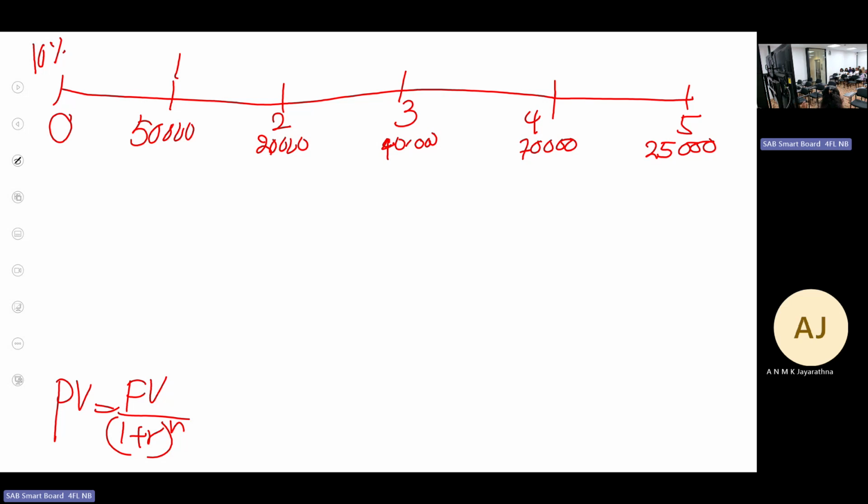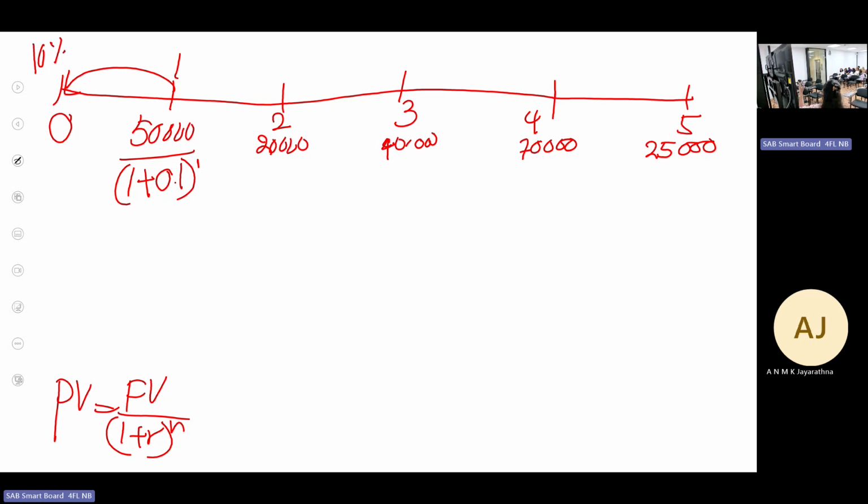Identify the individual present value balances. 50,000 is the future value after 1 year. So 50,000 divided by 1 plus 0.1 to the power 1, since this cash flow occurred in the first year. One time, done. Converted to the present context.